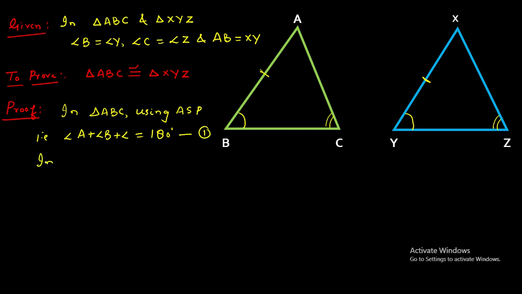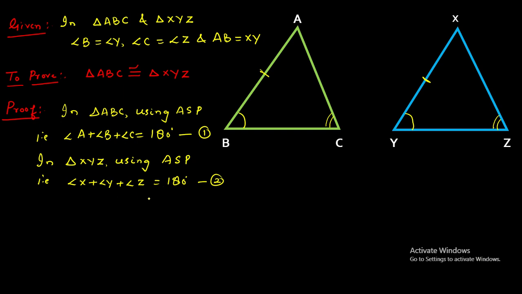Similarly, if we take triangle XYZ, again we will use the angle sum property. That means angle X plus angle Y plus angle Z is equal to 180 degrees. So in both equations 1 and 2, angle A plus angle B plus angle C is equal to 180, and in the second equation, angle X plus angle Y plus angle Z is equal to 180.